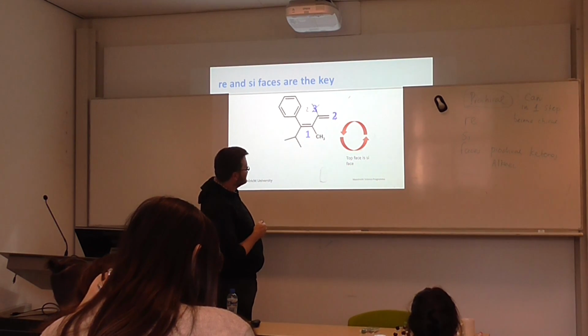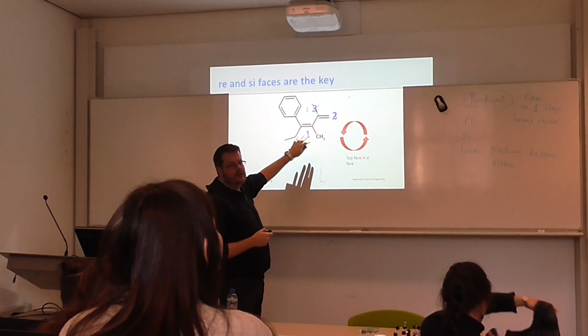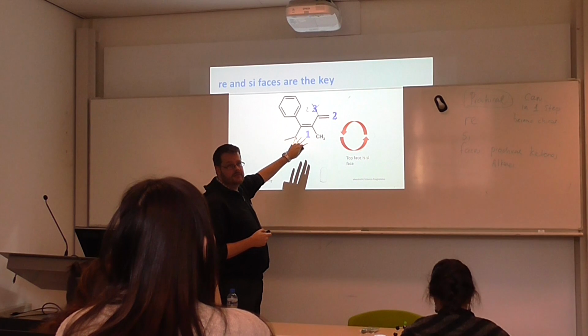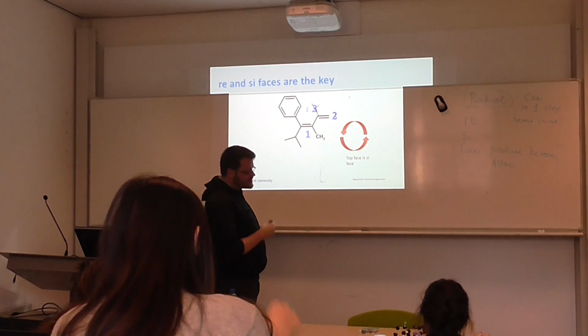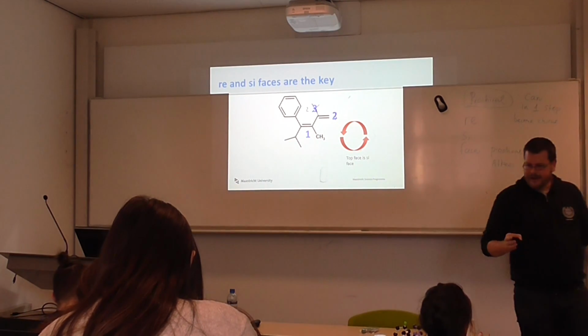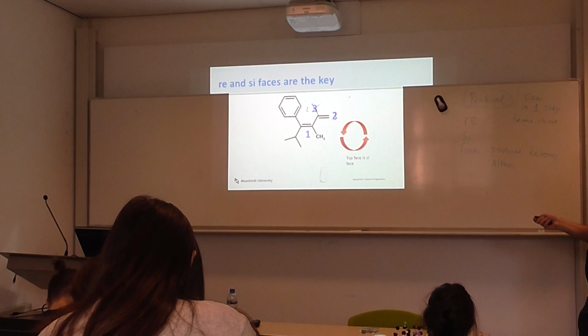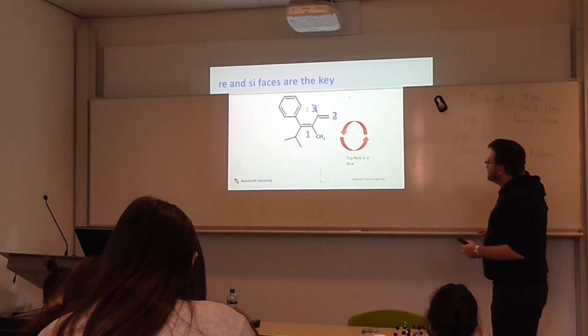So that's clockwise. So this would be the Re face, and the bottom would be the Si face. Okay, so that's how we determine it. Sometimes it's difficult if it's not so clear, but I think that's an illustrative example.